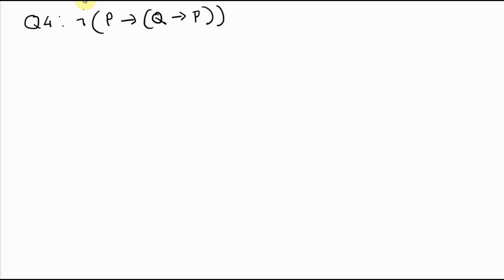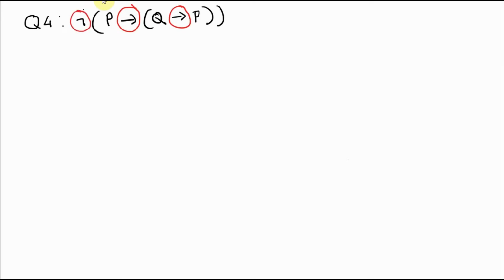So the first step is to use the identity and simplify these implications. We have to convert this implication into something simple so that we can use the negation operator here.